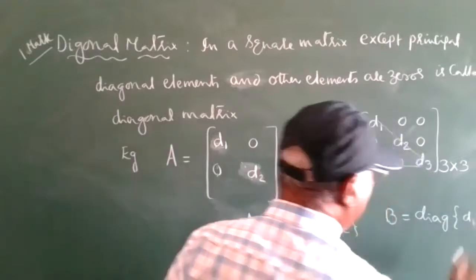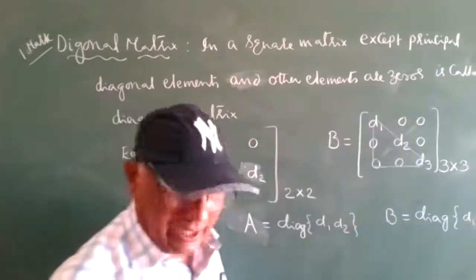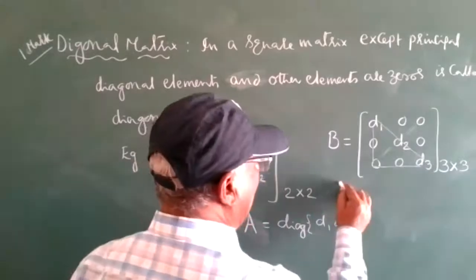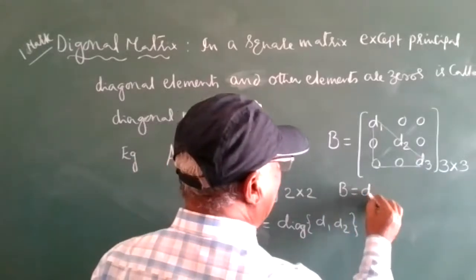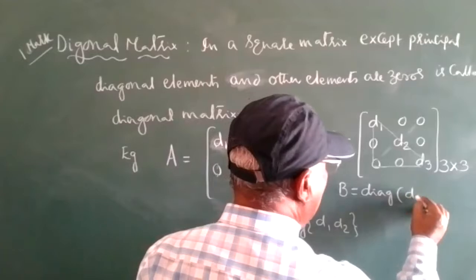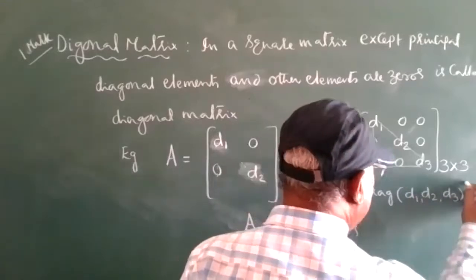That means only the diagonal elements are considered, and the remaining elements are zeros. So B is equal to diag of D1, D2, D3.